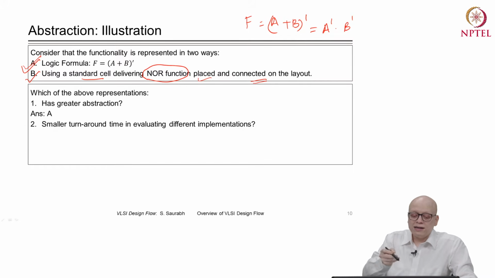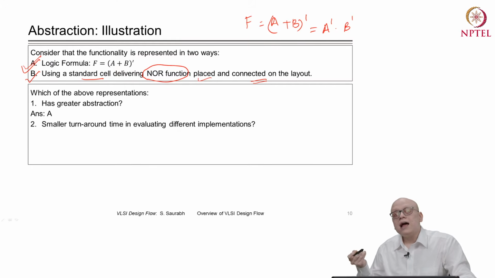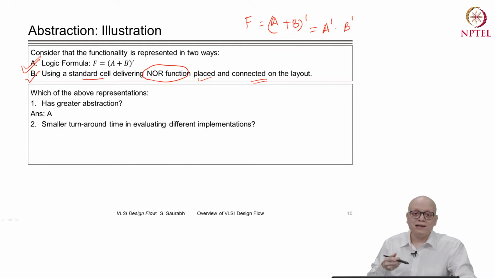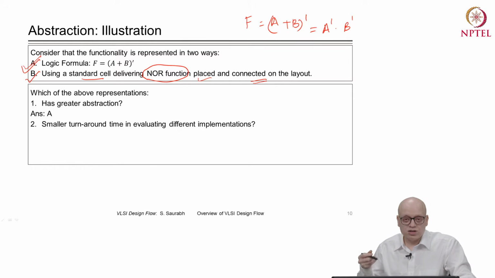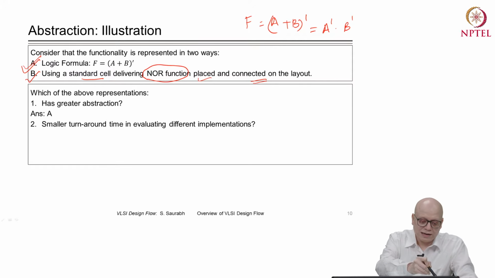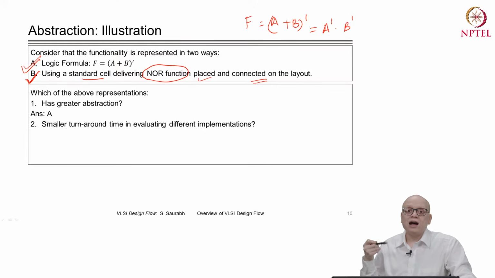Then we might need to change the NOR gate to say an AND gate, and then we need to have an inverter and so on, and then we need to place these gates and also make the connections on the layout, right? So the turnaround time that will be required in making a change in the layout representation, or the B representation, will be much higher than in the A representation.